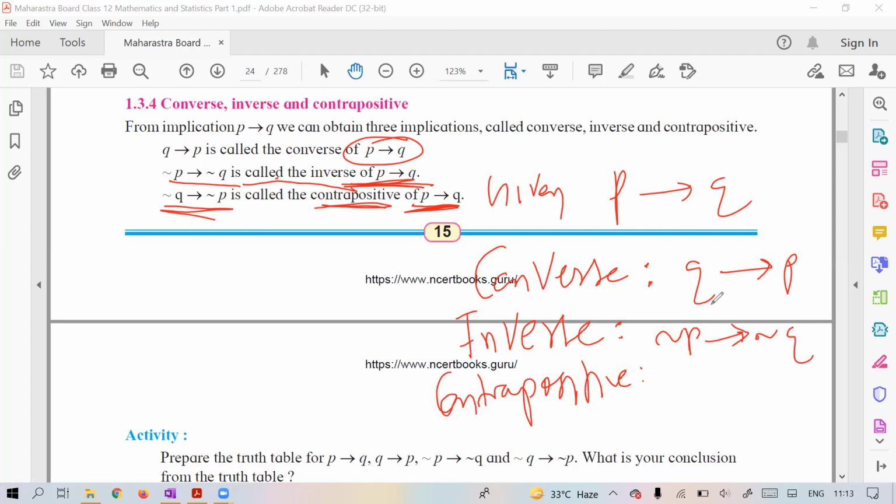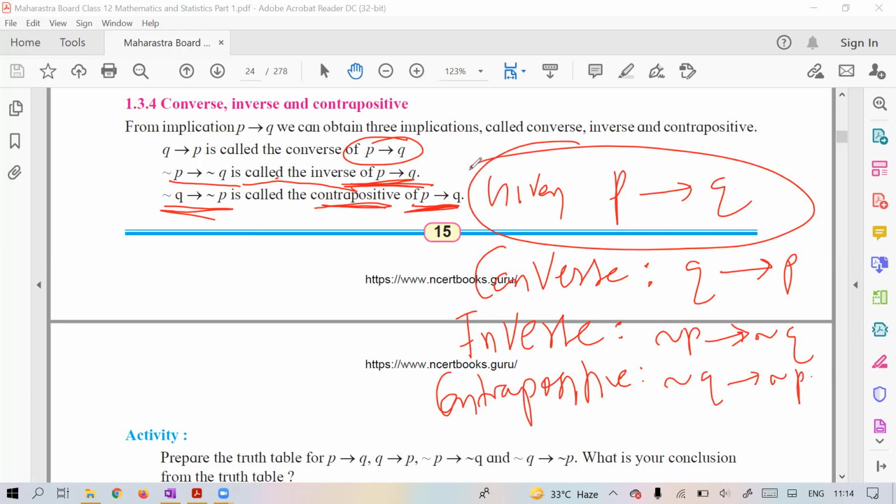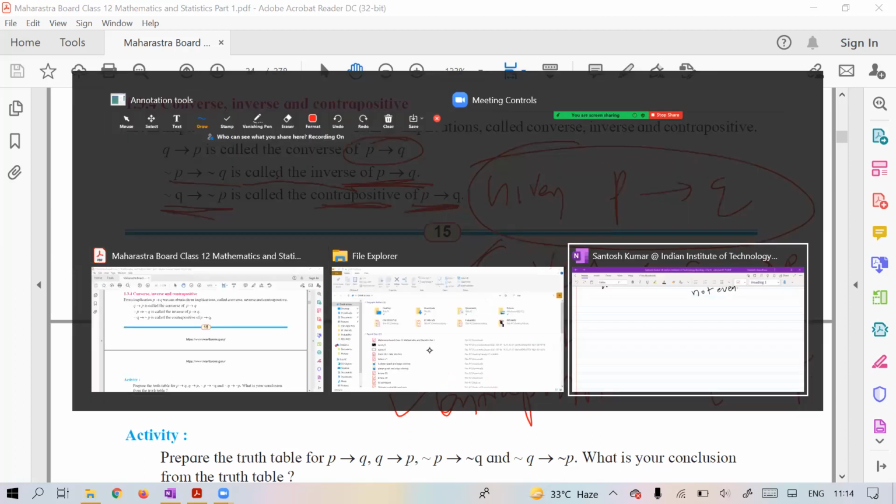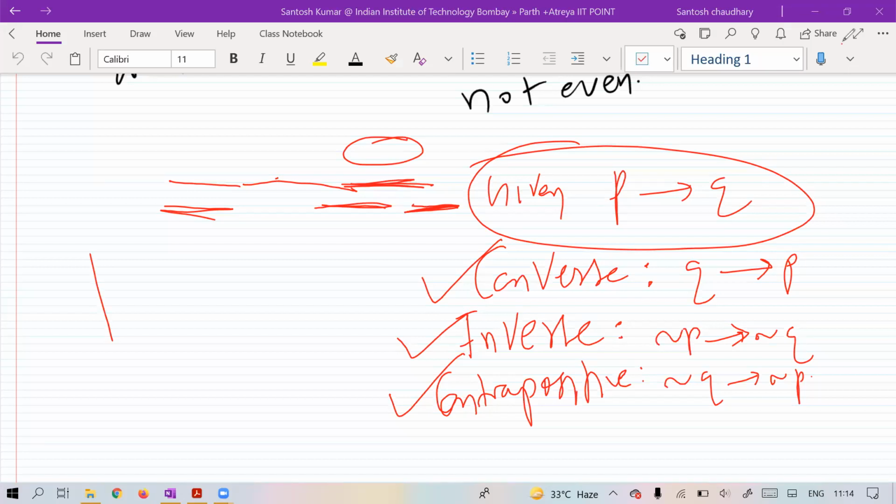You have to practice a lot of problems so that you can differentiate, because you might be confused between all three. Not Q implies not P is the contrapositive. Inverse is not P implies not Q. And converse is Q implies P. You will be given this statement, and they will ask you to find the converse, the inverse, or the contrapositive of the given statement.